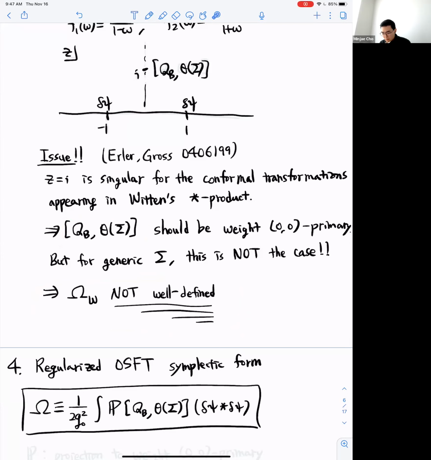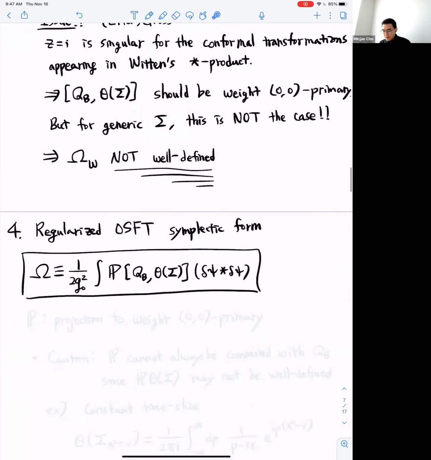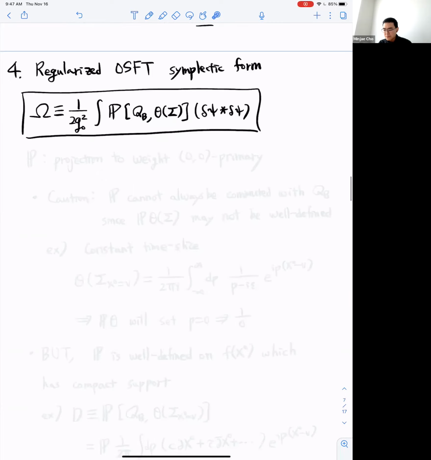And we were very confused about this, and we tried to resolve it. And the resolution is actually pretty simple. If this is not weight 0,0, let's just project it to the weight 0,0. And this is a very familiar projection operator to all of us here. This P is projection to weight 0,0 primary.